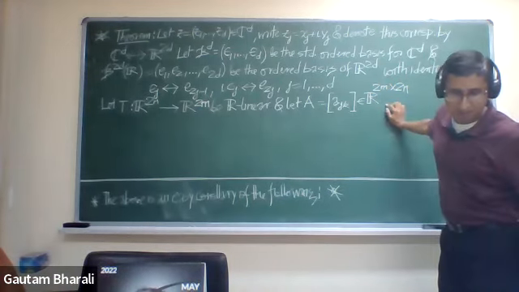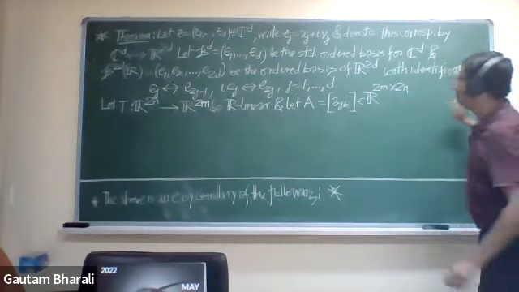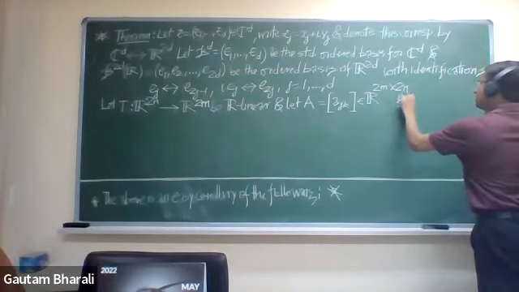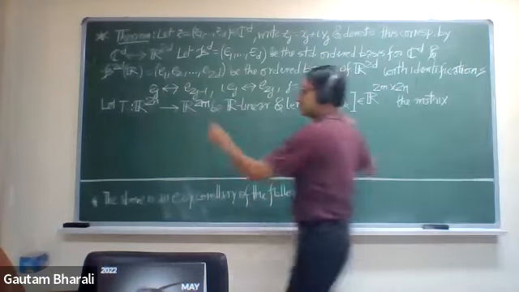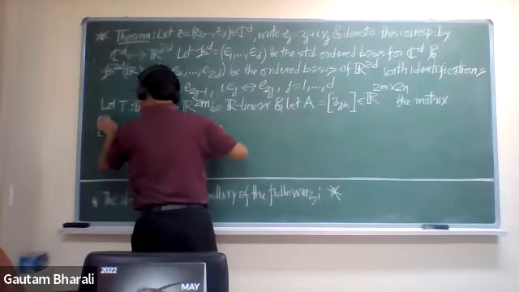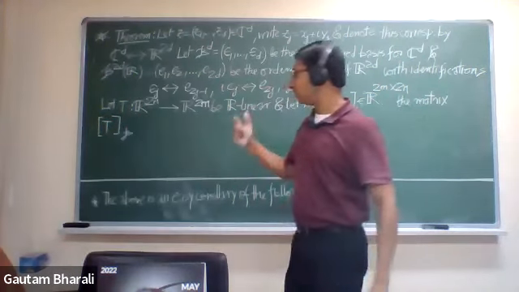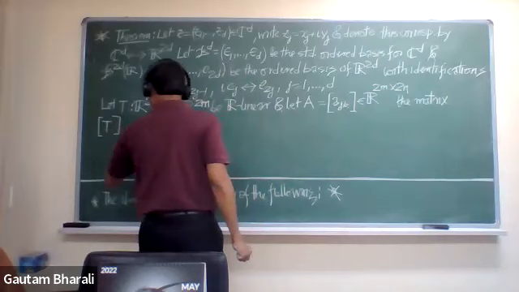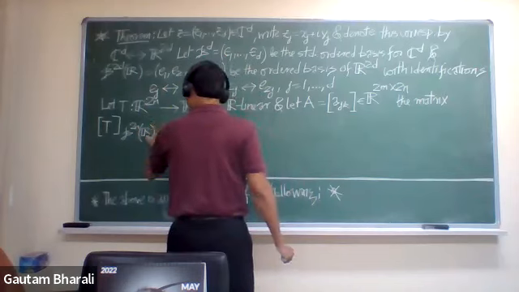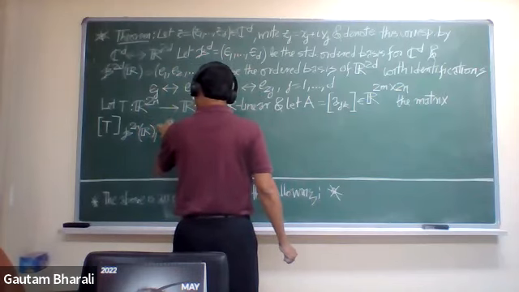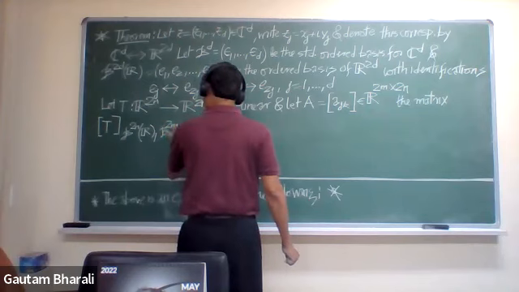Let A be the matrix that expresses this linear transformation in terms of the ordered bases B2NR on the source vector space and B2MR on the target vector space.